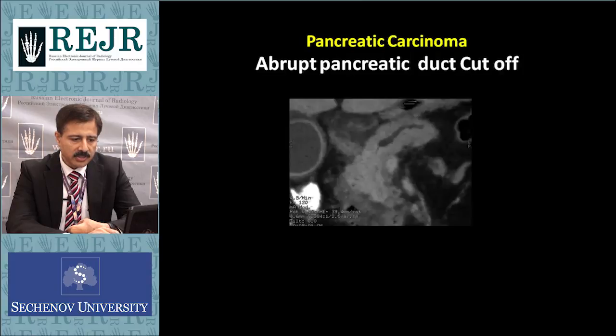A very important CT sign I want to elaborate here is what we call the duct cutoff sign. Whenever you see a dilated pancreatic duct without any perceptible mass, always think that there might be a carcinoma sitting there which we are unable to see because of the limited sensitivity of CT to pick up small lesions.